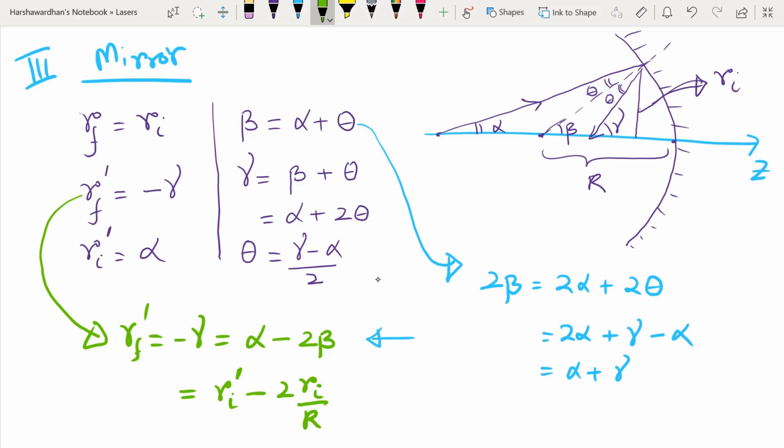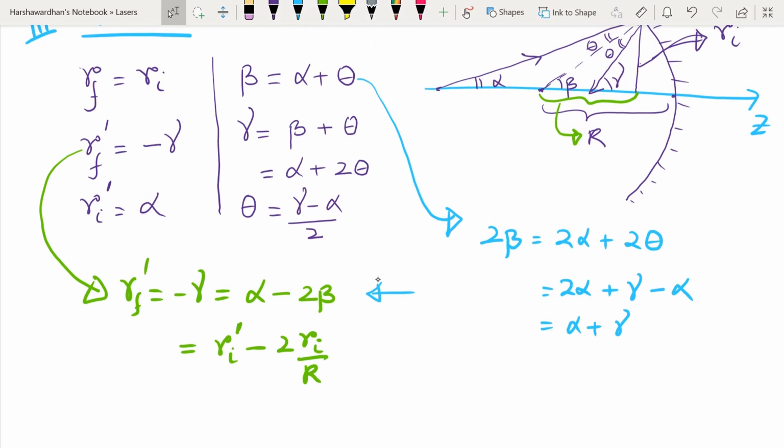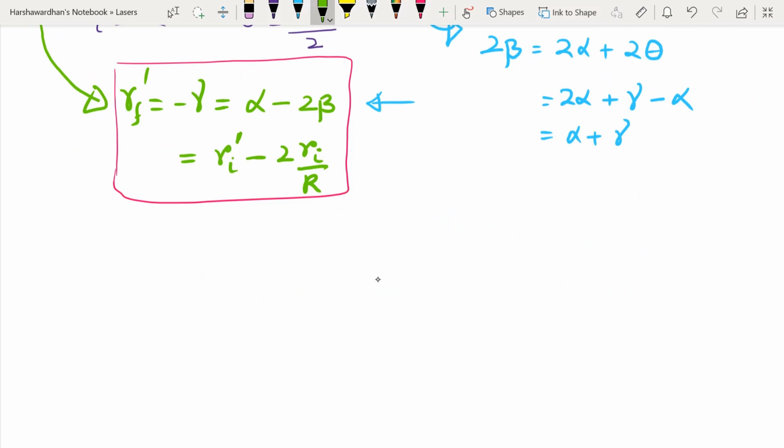And again, I am looking at a thin mirror when I'm claiming that this distance and that distance both are R. The curvature is very small, and this also ensures that one is in the paraxial approximation, which will again make all these angles small angles. All right, so given now equation number one and this second equation, I can write down the ABCD matrix that characterizes a mirror.